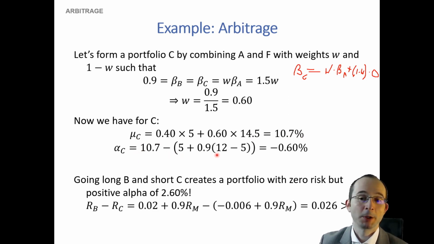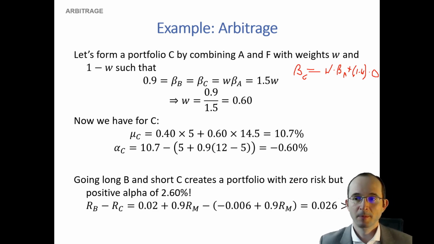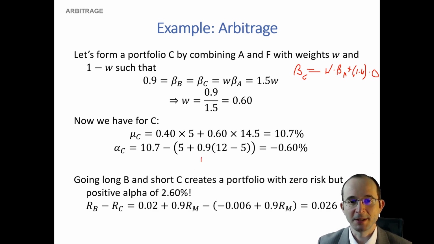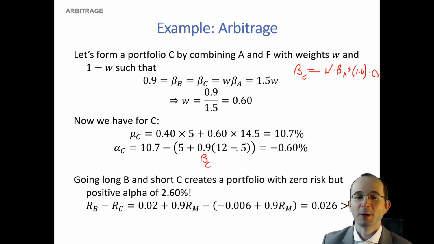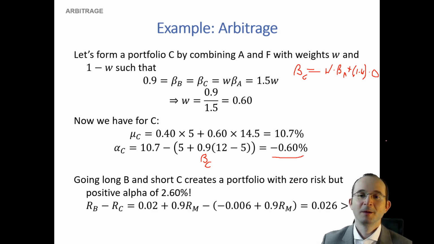We've got our model implied return of our risk-free rate of 5%, the beta of asset A, or sorry, beta of asset C, which is now 0.9, and the risk premium is again the difference between the market expected return of 12% and the risk-free rate of 5%. So now we see that this asset still has a negative alpha of 0.6.